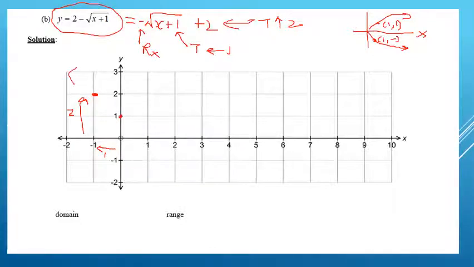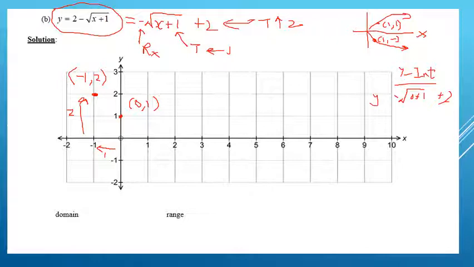So I'm just going to label these coordinates. I've got the coordinate -1, +2, and I've got the value here when x is 0, y is 1. We could have done that by working out the y-intercept by putting x equals 0 into the rule. Y-intercept, put x equals 0, get negative square root of 0 plus 1 plus 2 on the end.